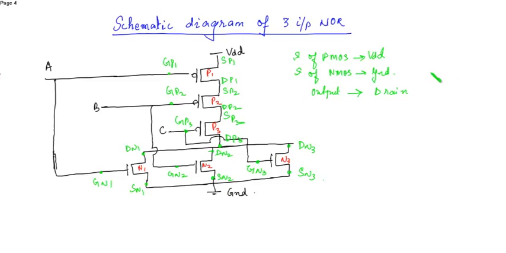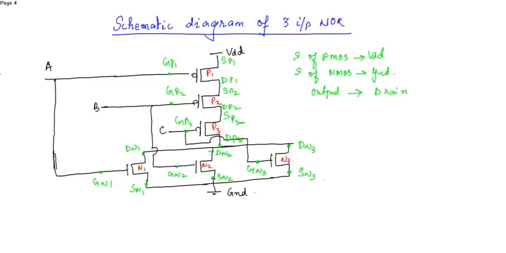Now, after seeing the schematic diagram of a 3-input NOR gate, now let's see the explanation for the truth table.